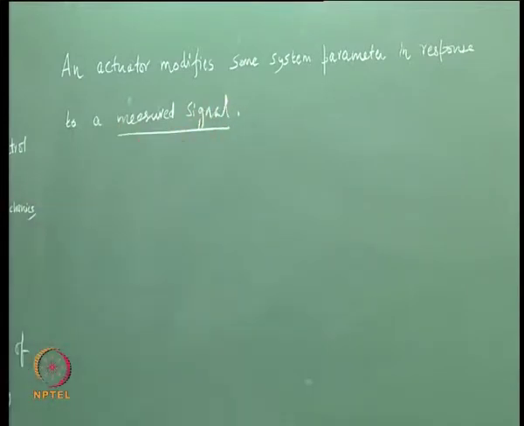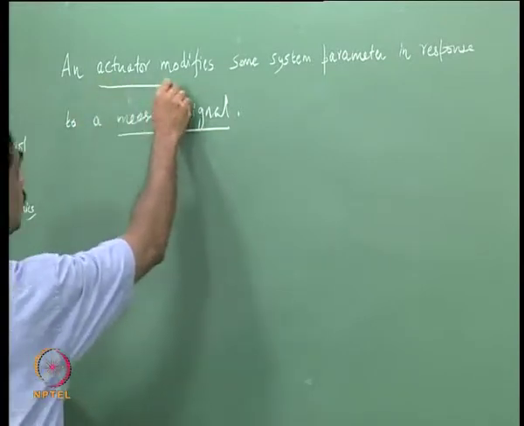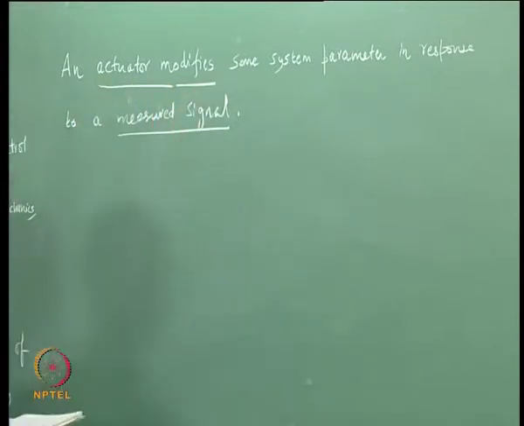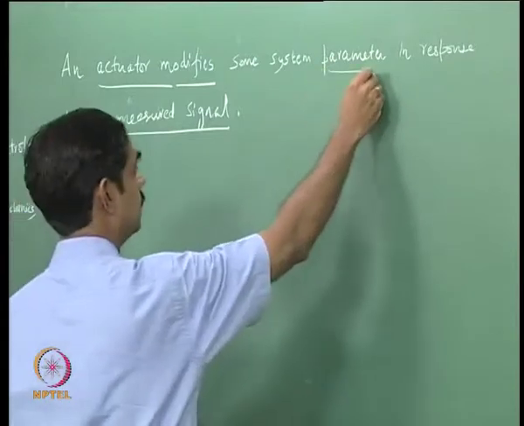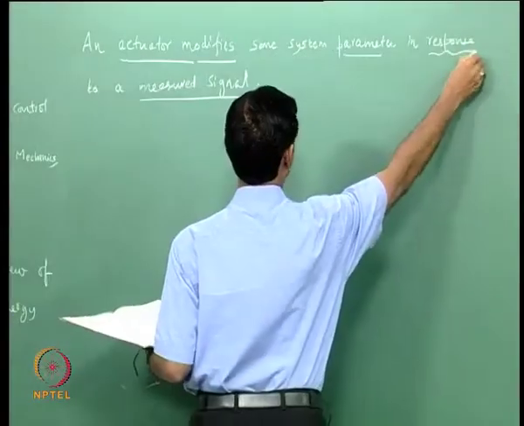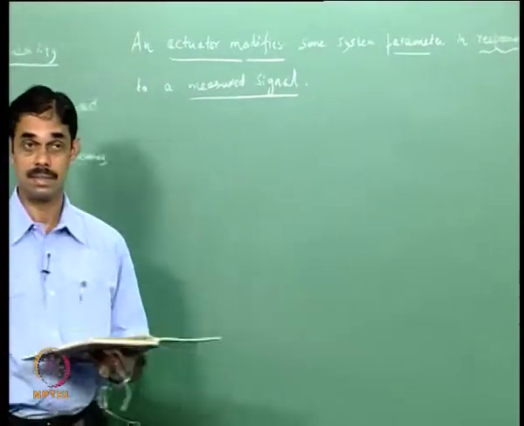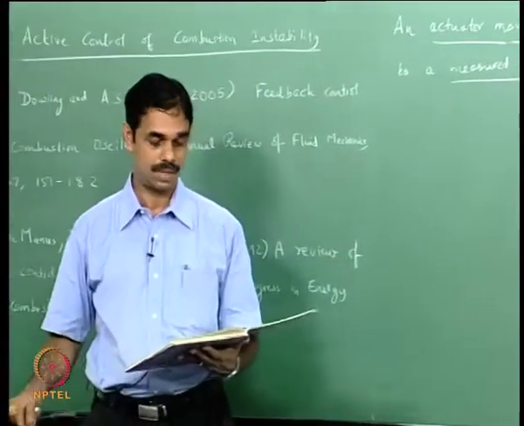We are measuring live what is happening, and we have an actuator which tries to modify some system parameters in response to the measured signal. That is what you mean by active control.